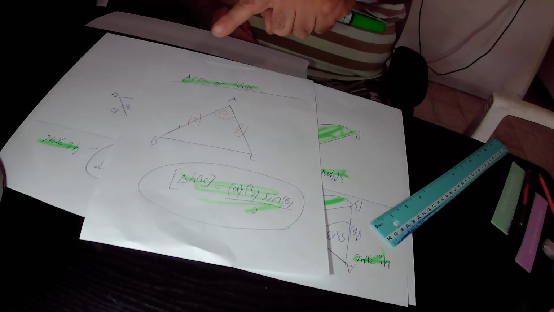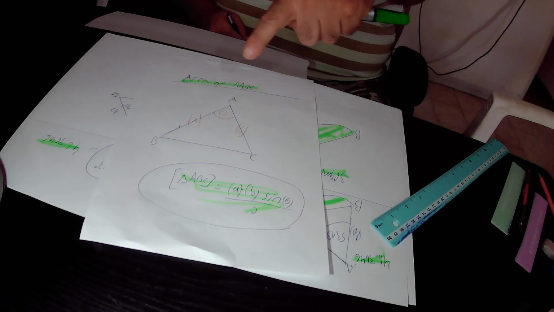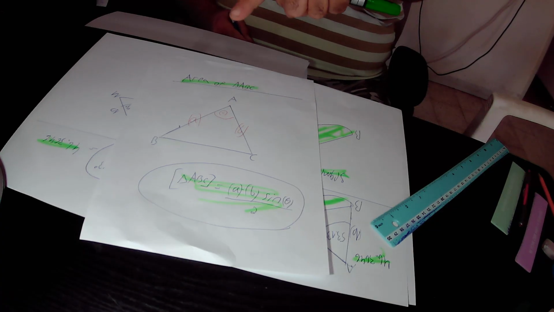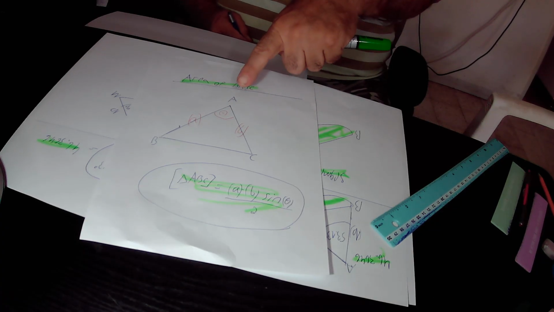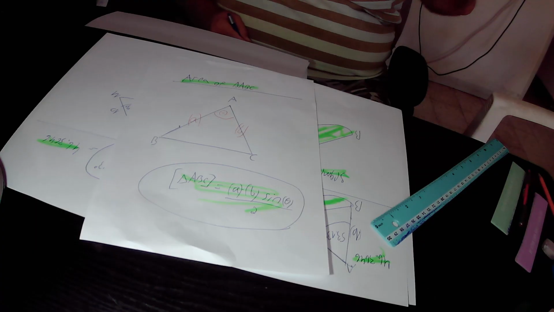That is, the multiplication of two sides by each other, a times b, times the sine of the angle between those two sides, theta, over 2.